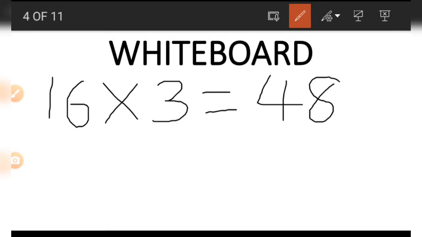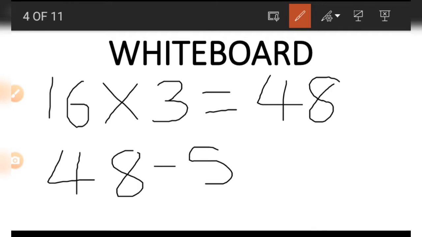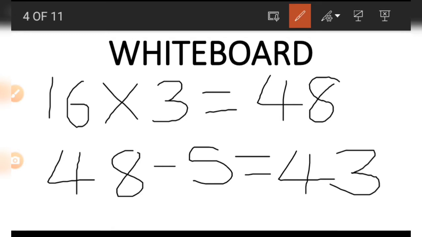Alright? So it's time to use the second imaginary number, which is minus 5. So we take the result, which is 48, and subtract 5 from it. So 48 minus 5 gives us 43. So that is how we got the 43.